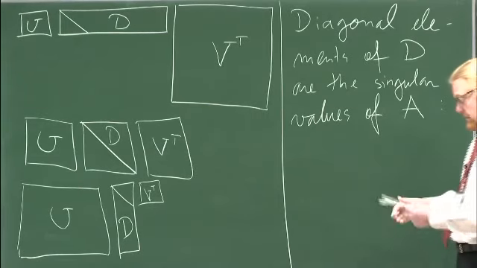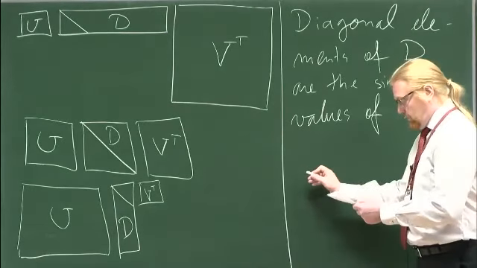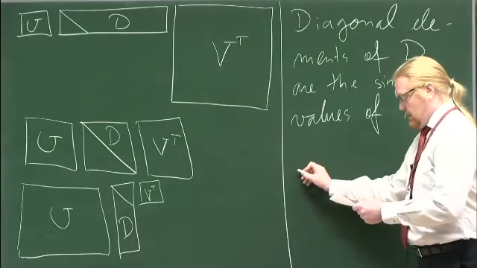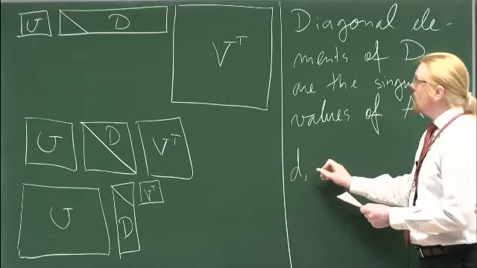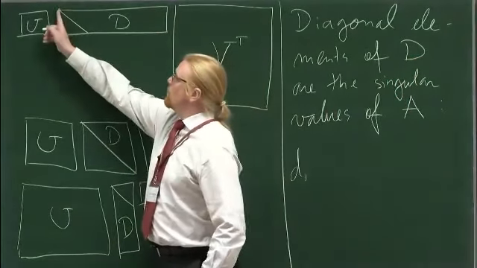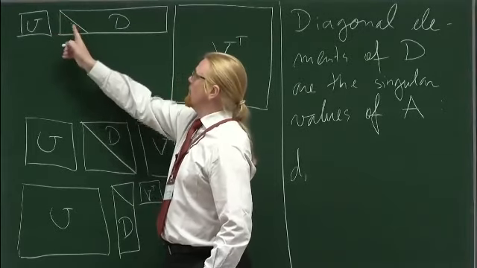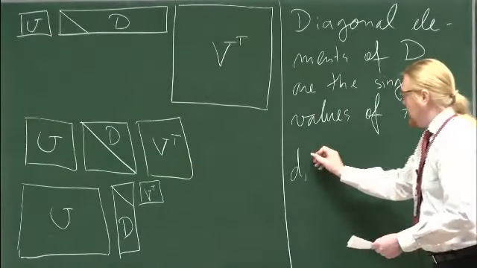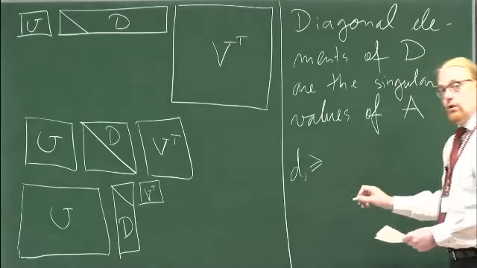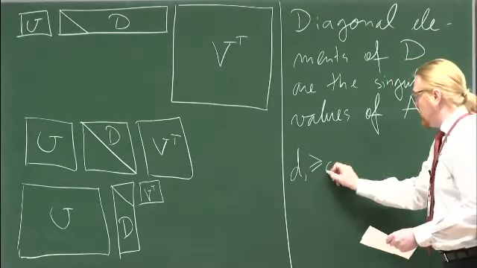The diagonal elements, I number them just from 1, 2, 3, 4 up to the minimum of k and n. And they are actually automatically ordered from the largest to the smallest.